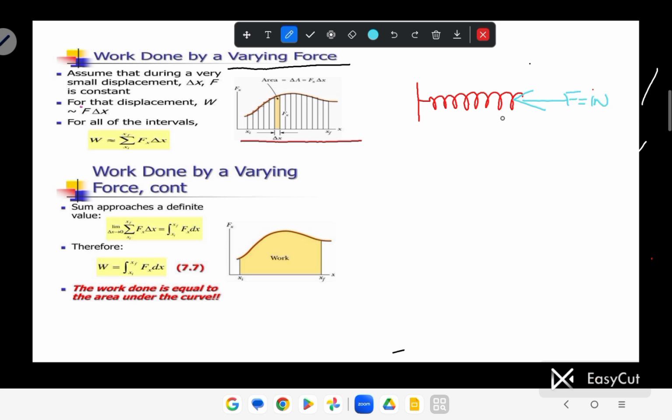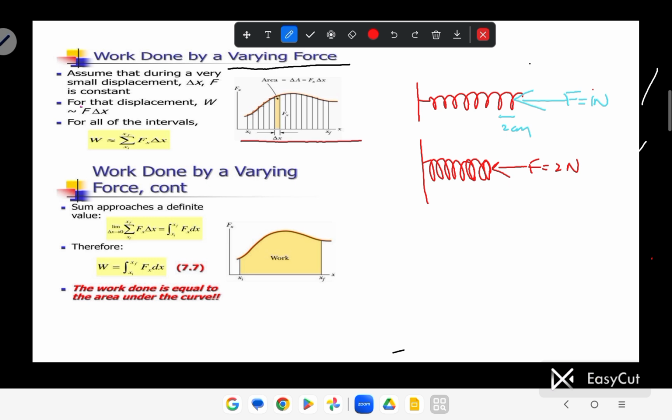The body has been displaced by 2 centimeter. Then the springs will come pretty close. Now if you apply the same amount of force, will you be able to push it? Maybe not. Why? Because they are now closer.